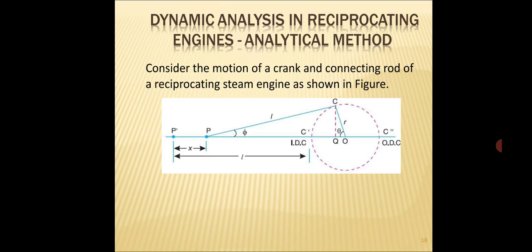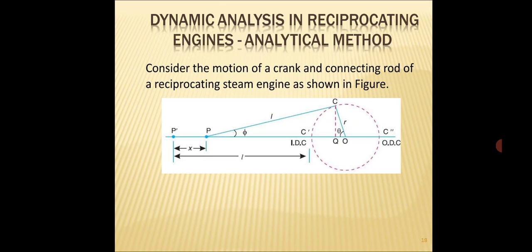Then let OC be the crank and PC the connecting rod, and the crank rotates with an angular velocity. The dotted lines give the clockwise or anti-clockwise rotation of the crank.